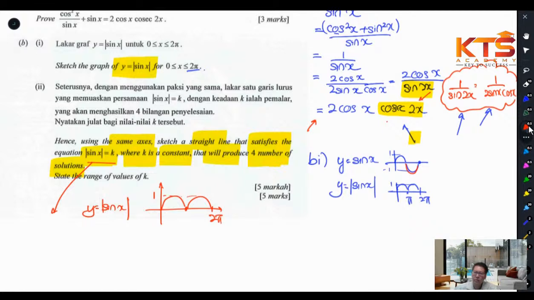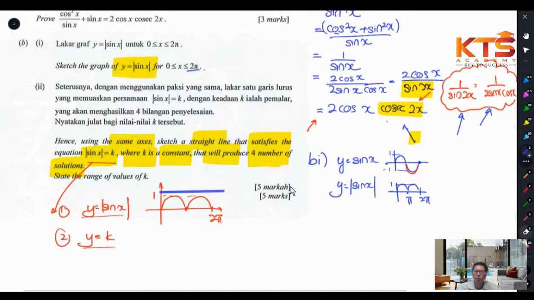The first one, you have y equals modulus of sine x. The second one, you have y equals k. So which line should I draw so that I can get 4 solutions? If I put my line y equals 2, I don't have any solution.